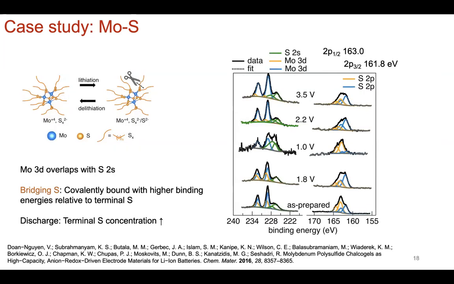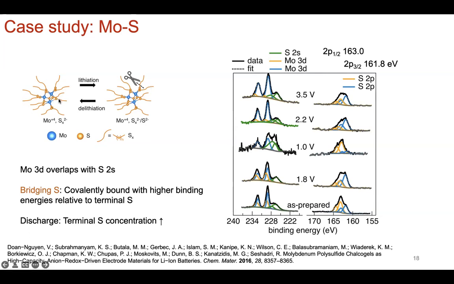Okay, so here is the schematic of what we think is happening upon lithiation. These sulfide chains are being broken so that the lithium ions can come in. And then upon delithiation, the lithium ions migrate back and these sulfide chains are formed again.